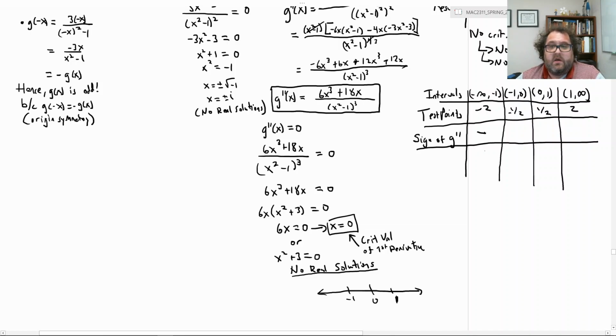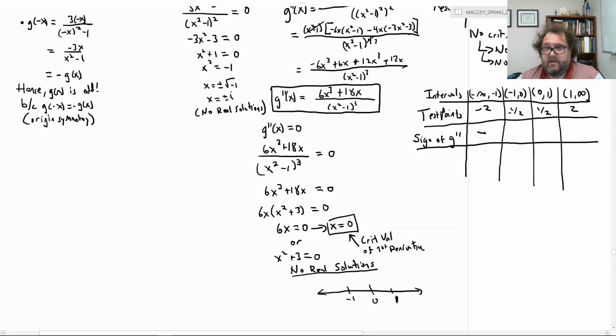Okay. If we plug in -1/2, -1/2 cubed is -1/8. So that's 6 divided by -8, plus 18 divided by -2 is another negative number.